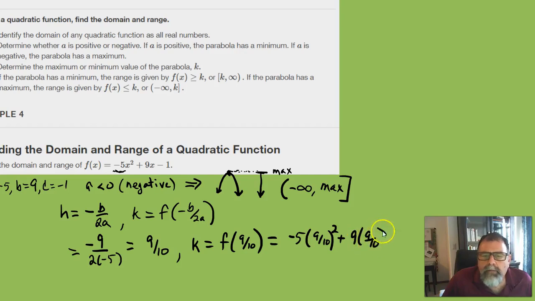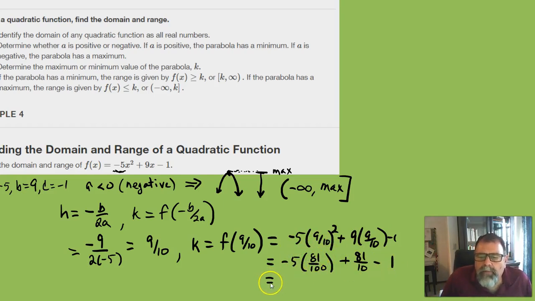Negative 5 times 81 over 100, plus 81 over 10, minus 1. So 5 times 81 would be negative 405.